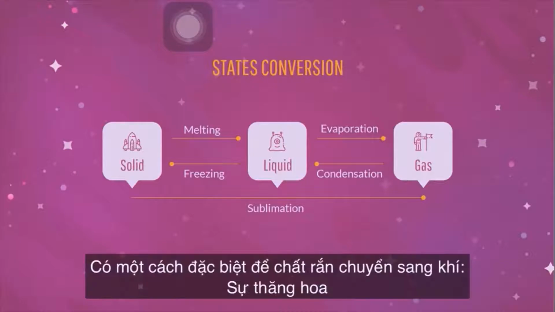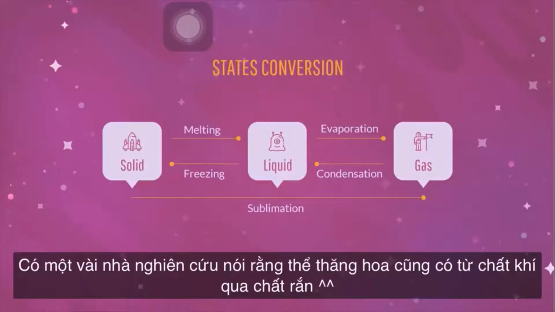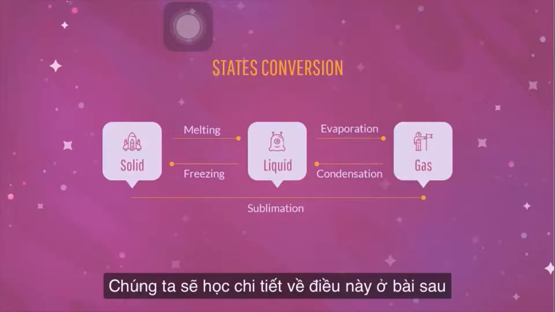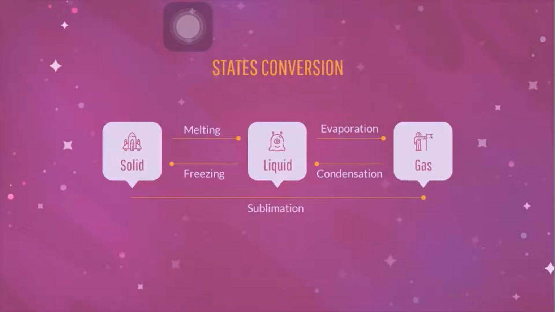There is a special way to convert solid to gas, which is called sublimation. And some scientists say that gas can be converted to solid by desublimation. We will learn about this in the next period, and you will have a lot more knowledge.